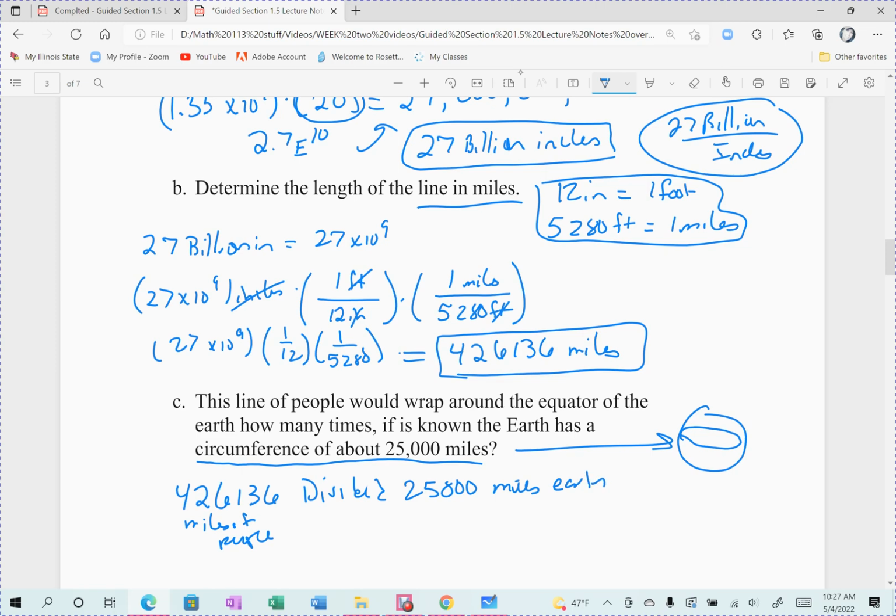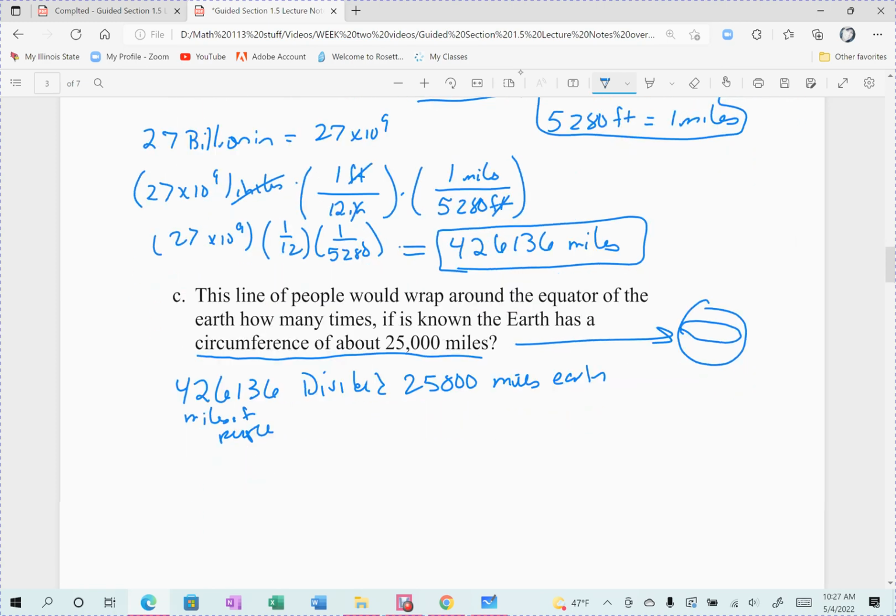The miles will cancel out and leave me with just how many times around. So 426,136 divided by 25,000. Again, I'm just going to round to the whole number, and that comes out to be about 17 times. Again, it's an estimation. We're doing a lot of estimation.